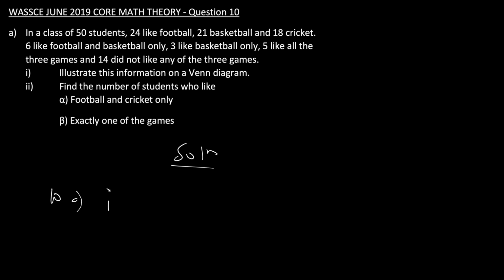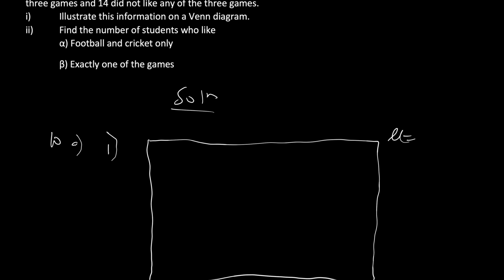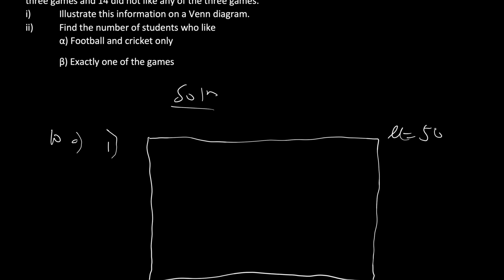So we are being asked to illustrate this on a Venn diagram. Our universal set will be equal to the number of students in the class, which is 50.